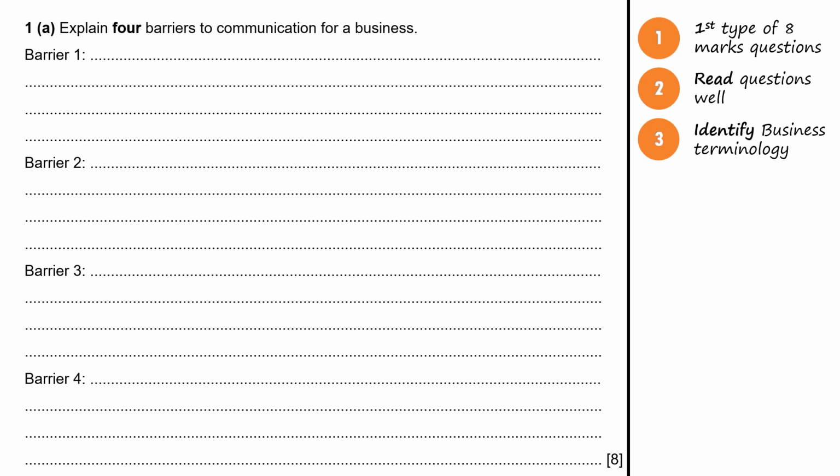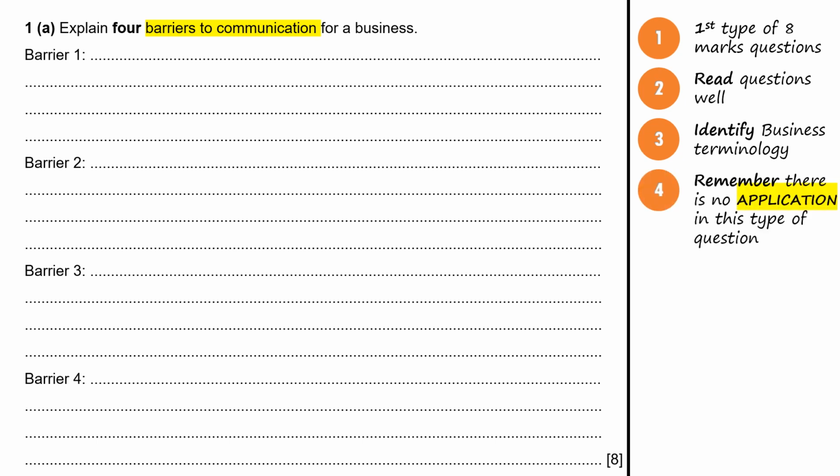Example, explain 4 barriers to communication for a business. The business terminology here is the chapter communication, and the specific part in this chapter is the barriers to effective communication. All right? And this one is a general question.